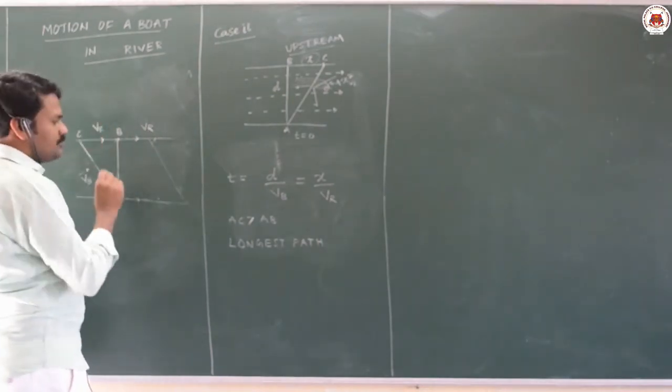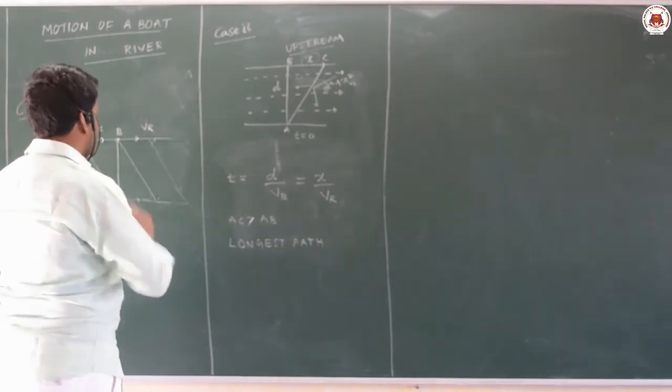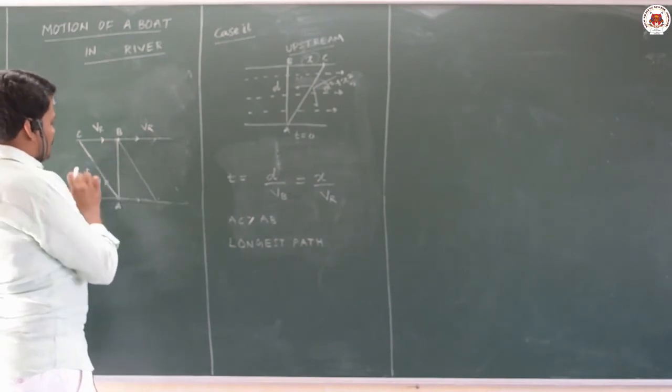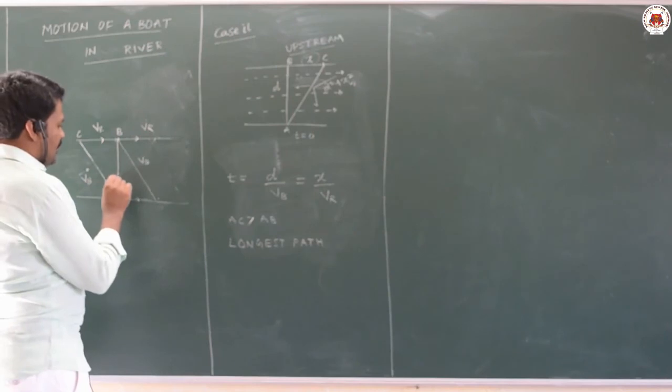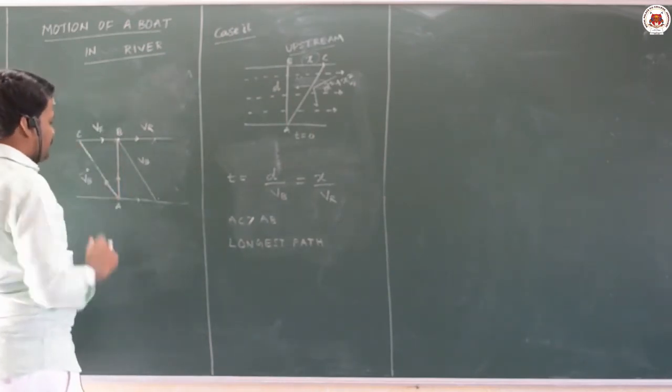This will be the diagonal. If you construct one parallelogram, this is VB, this is also VB. This is the diagonal now. So this also you can do, or directly you can use Pythagoras theorem.